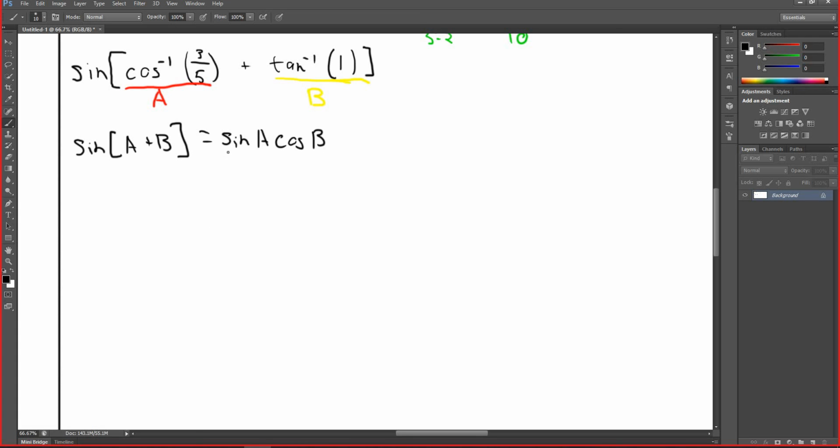That's how I recall it for cosine. If even, it's positive, meaning they match. If it's odd, it's negative, meaning they're different. So evens are the same, odds are different for functions. So it's sine A cosine B plus sine B cosine A.